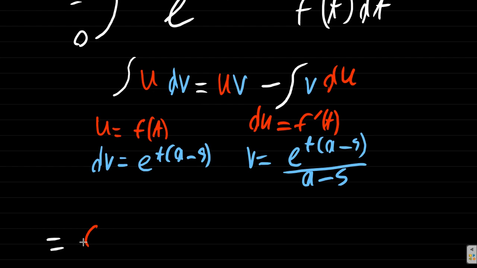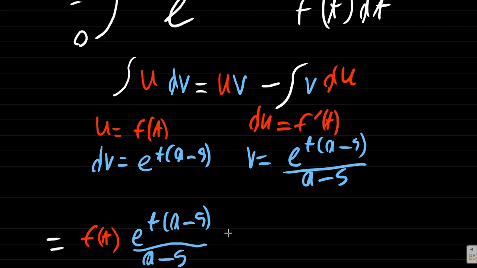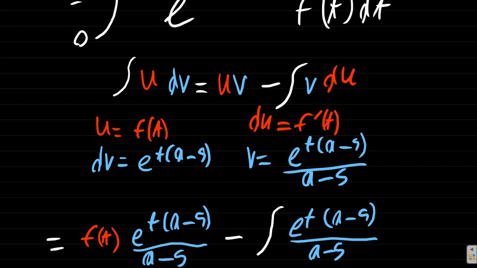We have f of t times v, which is e to the t times a minus s divided by a minus s, minus the integral of v, where v is again e to the t times a minus s divided by a minus s, times du, which is f prime of t.